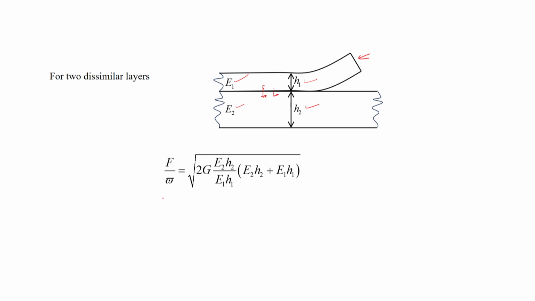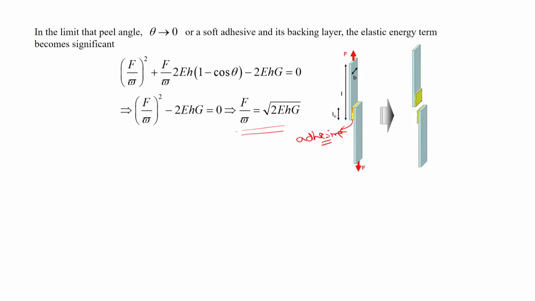And the peel force that is required for failure to happen is given by this particular kind of formula, where G is the adhesion or the fracture strength of this interface, and H1 and H2 are their thicknesses correspondingly. One can actually derive this expression, which is basically an extension of this particular relation that we have just gotten over here.